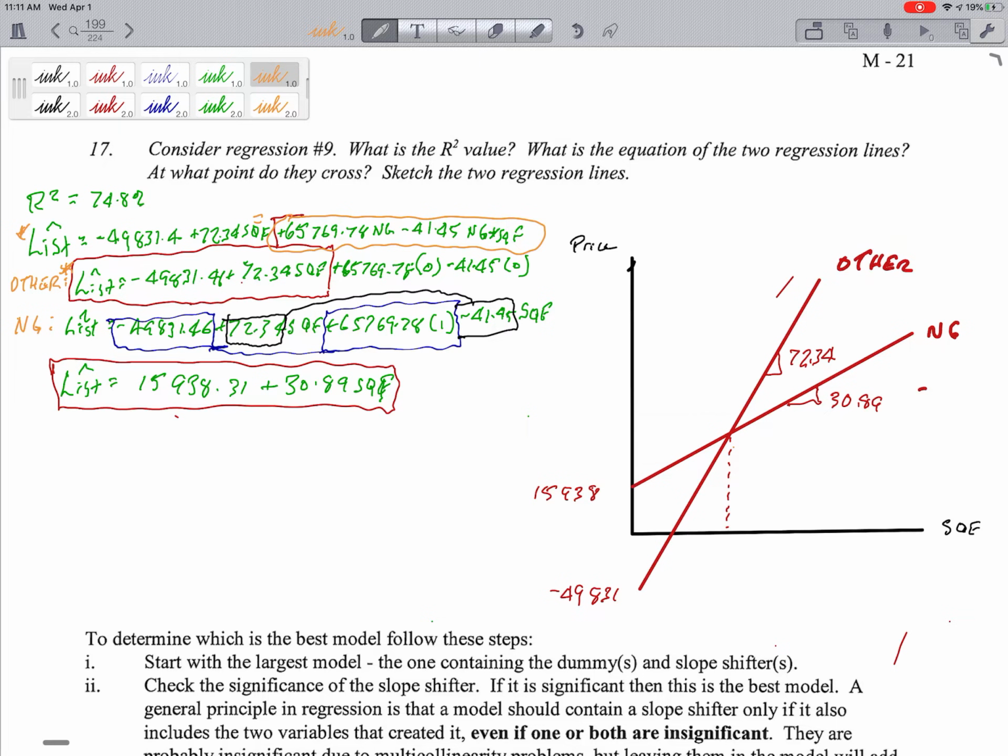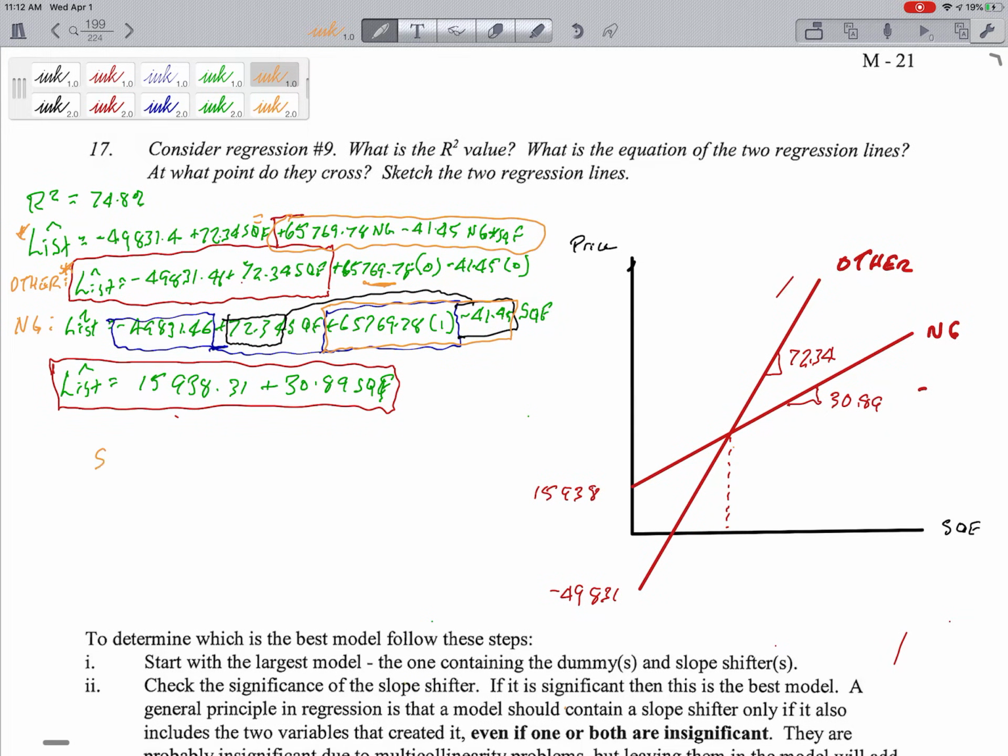So you bring the constant over to the other side: minus 65,769.78 is equal to minus 41.45 times SQF. And then you solve for SQF.